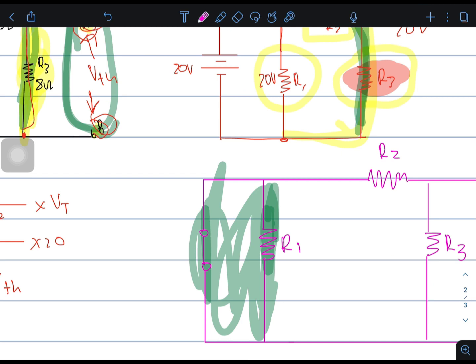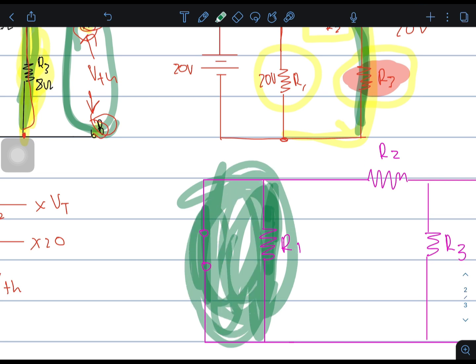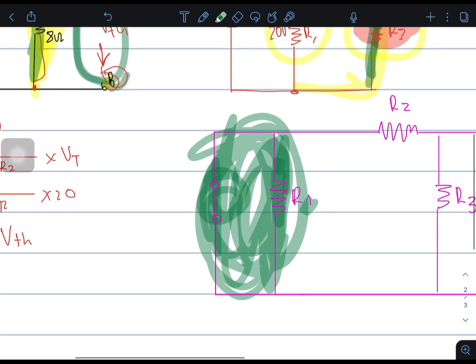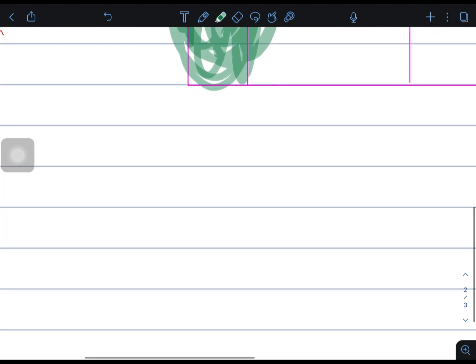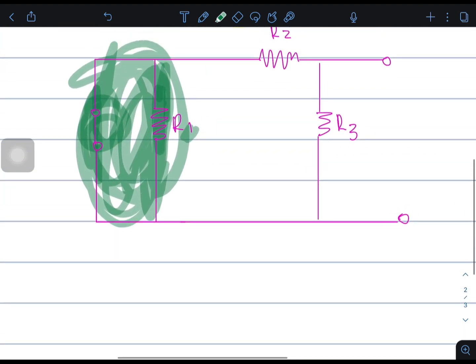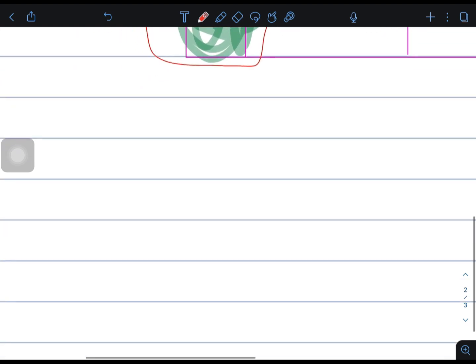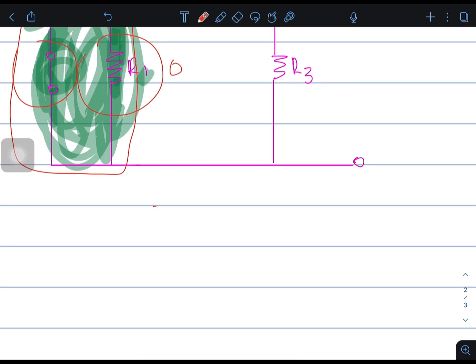So, guys, we can treat this combination as 0 ohm, because this resistor is connected in parallel with a short. The overall resistance in this section is 0. So we can treat this circuit as if it is like this now.